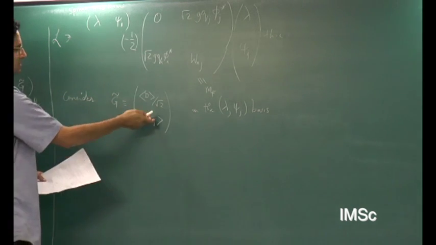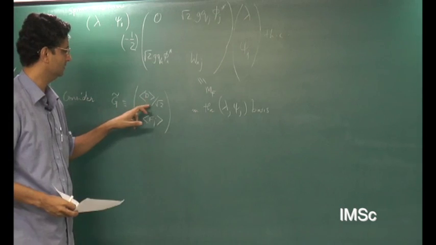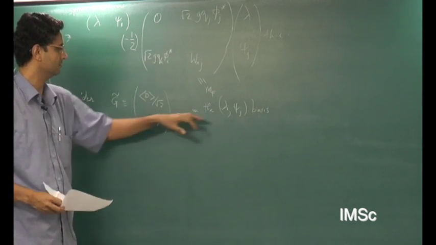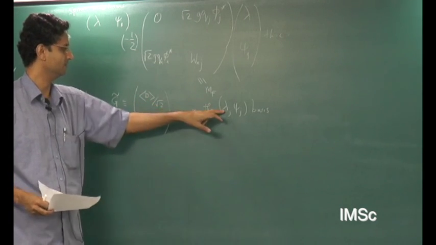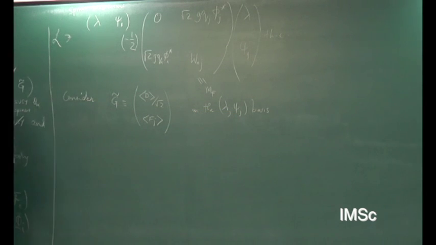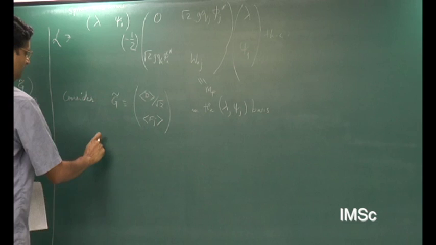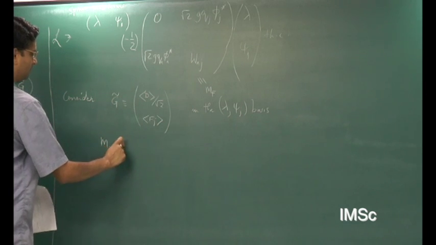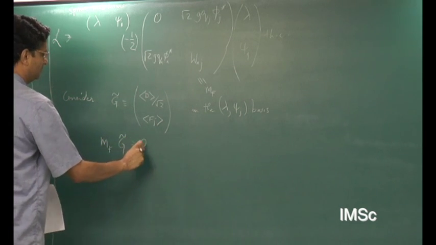Just consider this linear combination of lambda: D over square root of 2 times lambda plus F_j times psi j. You just take this object, and we see that M_F times G twiddle is 0.